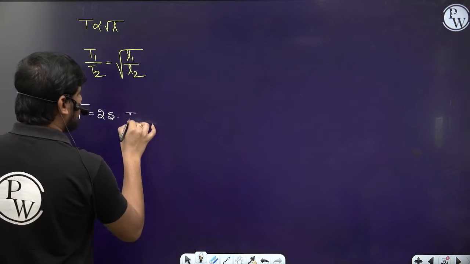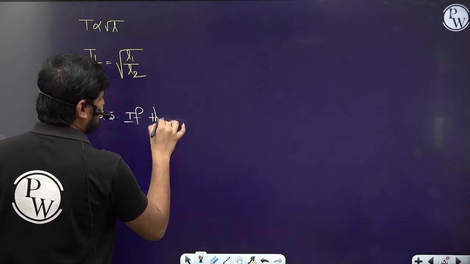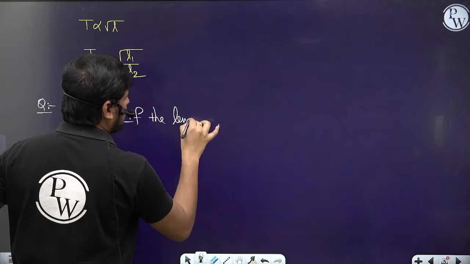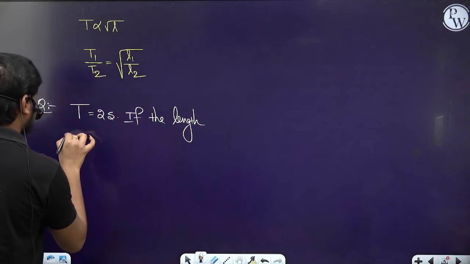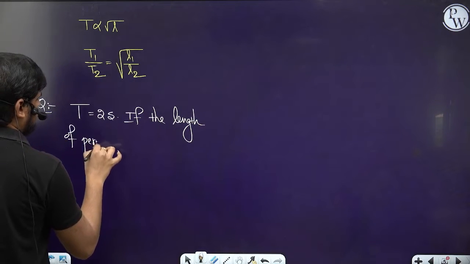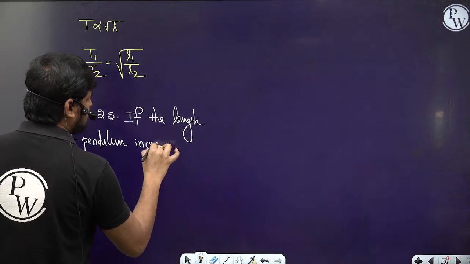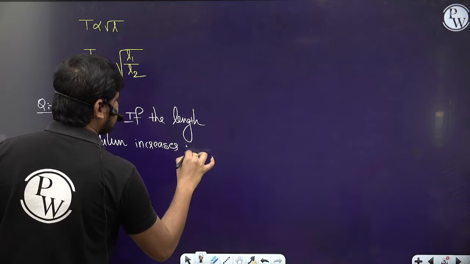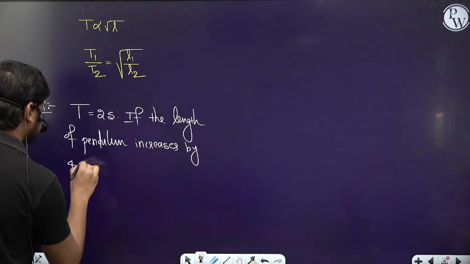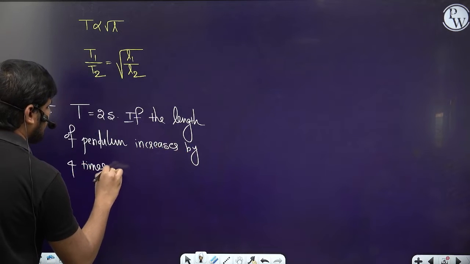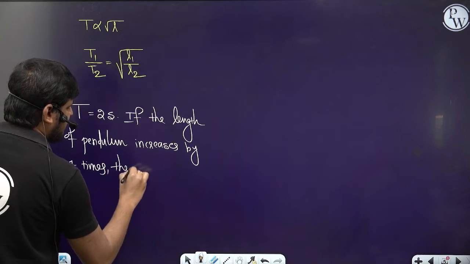If the length of the pendulum increases by 4 times, then find the new time period.